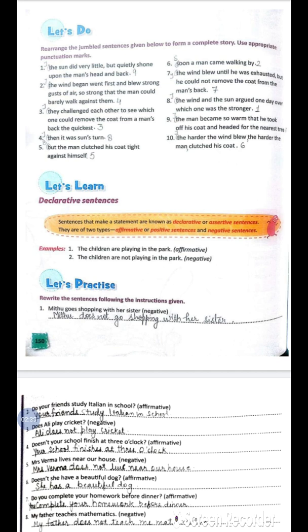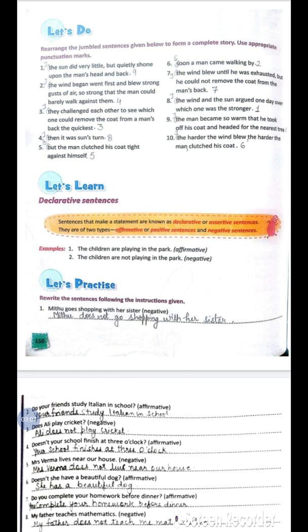And please remember one thing, that when you start a sentence, you have to start with a capital letter. The wind and the sun argued one day over which one was the stronger. Soon a man came walking by. They challenged each other to see which one could remove the coat from a man's back the quickest, and so on.